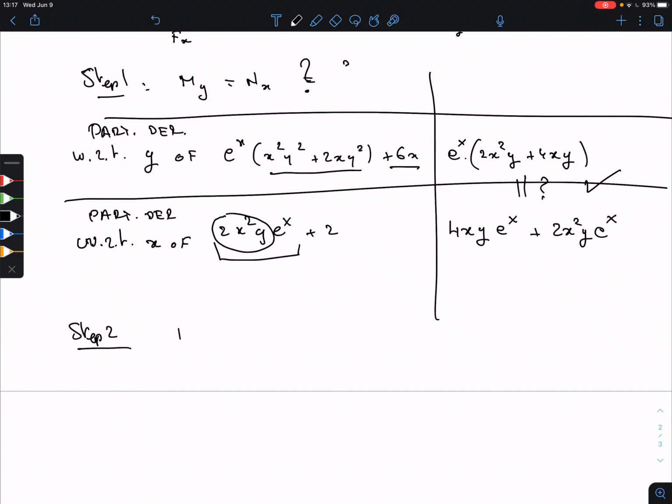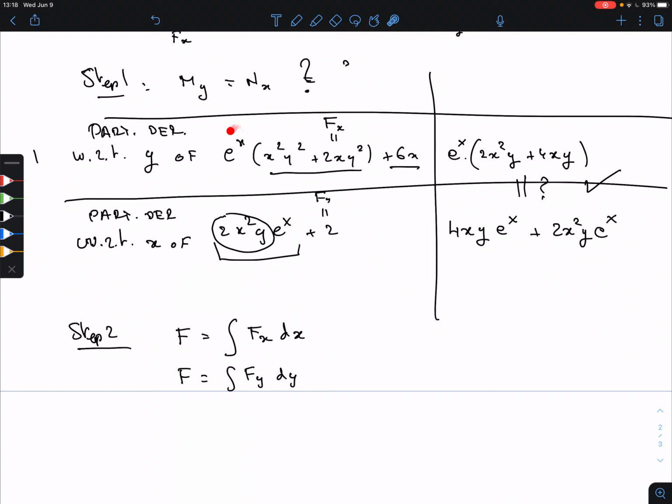We have two options. We can think of f as the partial antiderivative of f_x dx. That was the first one, right? This was f_x, and this was f_y. Or we can think of f as the partial antiderivative of f_y dy. Why do I write both here? Because you always should see which is the easier to integrate. Is this easy to integrate with respect to x?